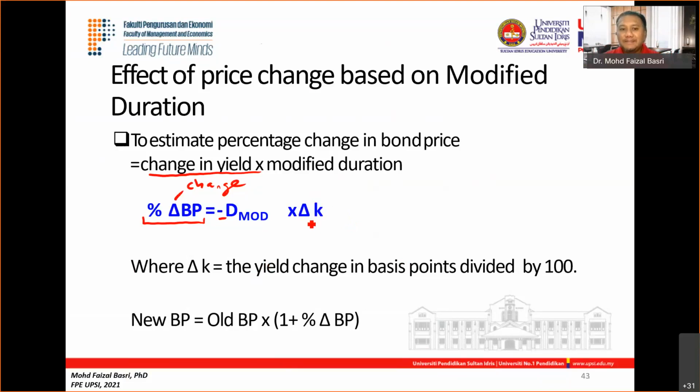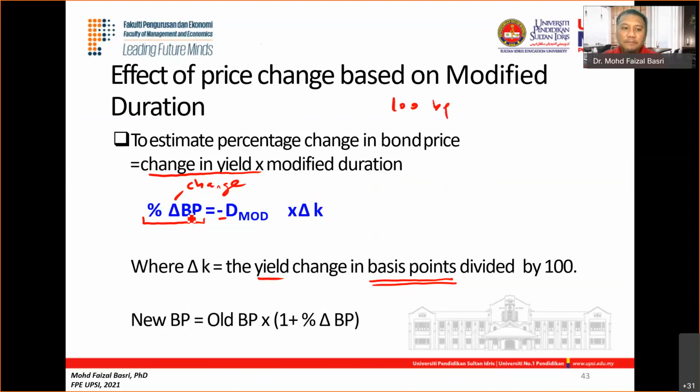And this change of rate of return, the yield, usually they will not use the percentage directly. Instead, they're going to use the basis point system. So what does it mean by basis points? For example, 100 basis point, this is small bp.